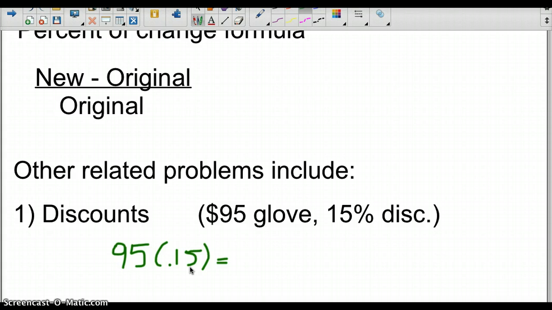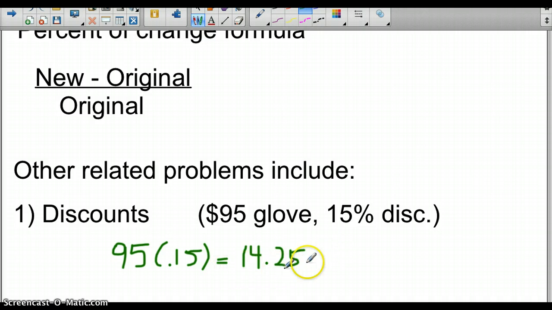So we'd have 95 times 0.15 would give us $14.25. So that would be $14.25 would be the amount that we would take off, the amount of the discount.